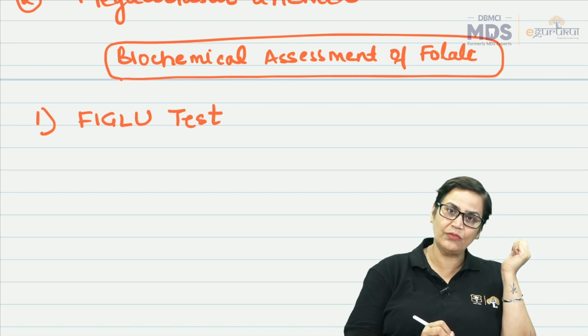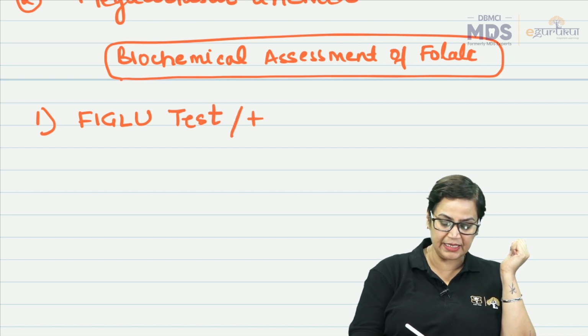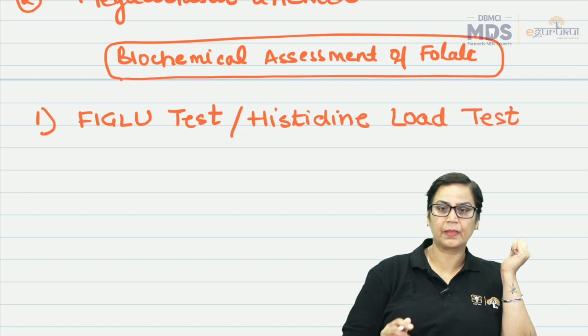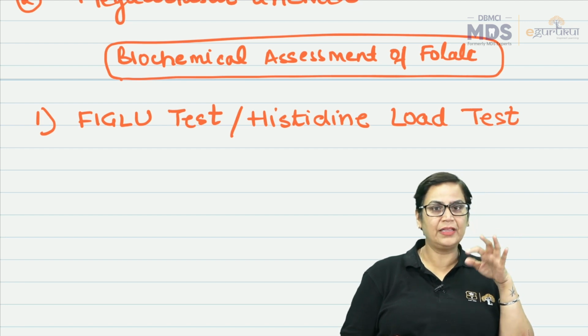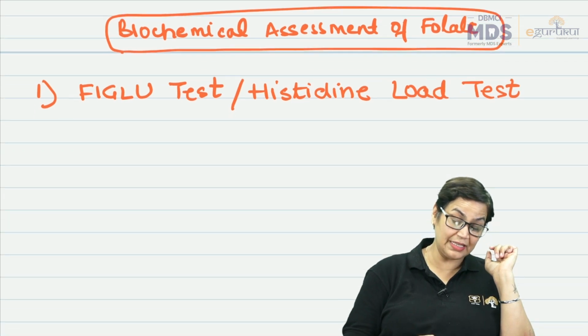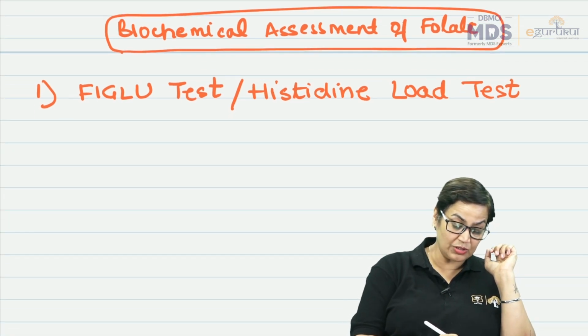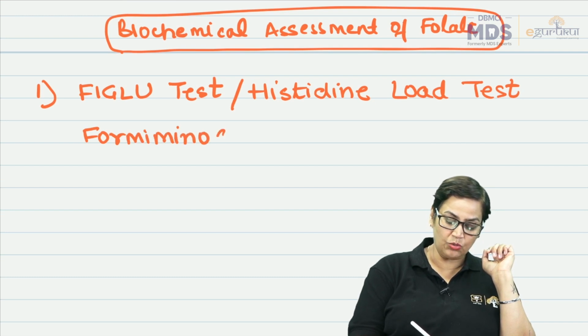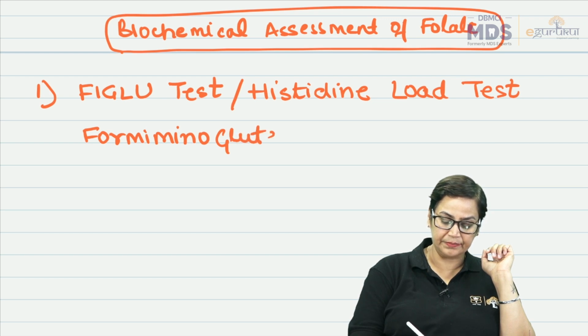And the other name of this Figlu test is the histidine load test. These are one and the same thing, Figlu test and histidine load test. Now, what is this test? Figlu stands for formiminoglutamic acid.